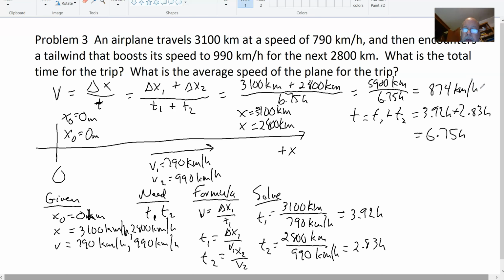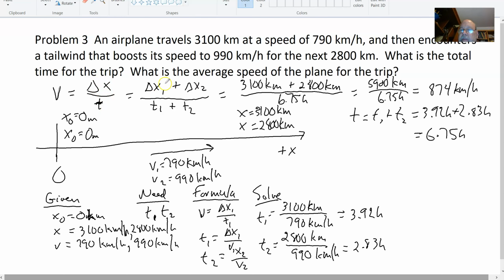And you would expect that this is probably correct because it is somewhere between 790 and 990. You would expect the answer to be somewhere in between that, right? And this is. So again, this is how you do one of these two-part problems, and you find out what it is that you want to begin with, right? We want the overall velocity, and we know that the overall velocity is going to equal the overall displacement divided by the overall time.